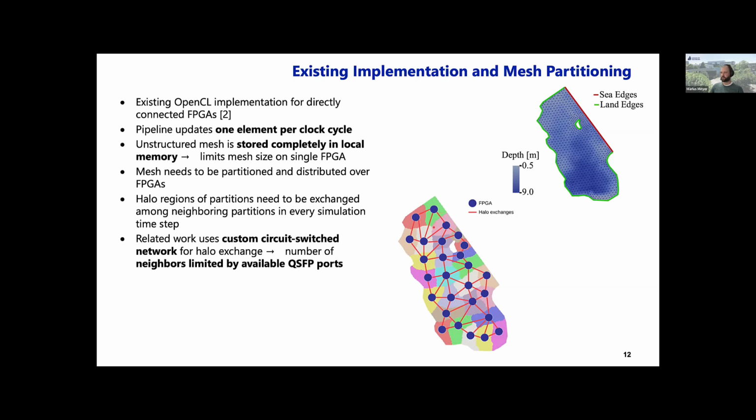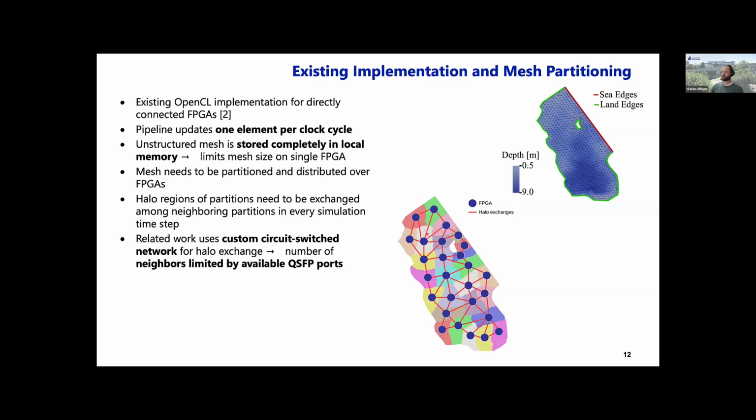In the existing implementation, all these connections actually had to be physical connections via QSFP ports. So if we had 4 QSFP ports available, we could have at most 4 neighbors in this mesh. With our ACCL implementation, we are now using packet switch communication, so the limit is increased, and we can scale to larger numbers of neighbors.